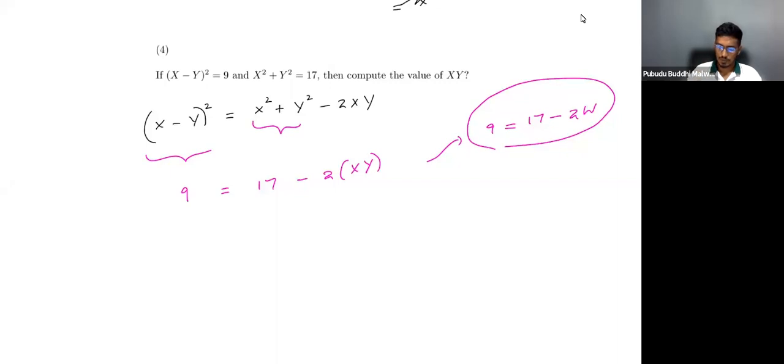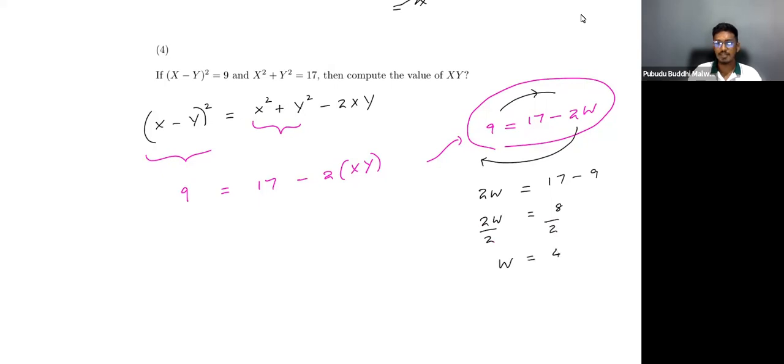So maybe you can move this minus 2w to this side and 9 to the other side. Sign will change. 2w equals 17 minus 9. w equals 4.